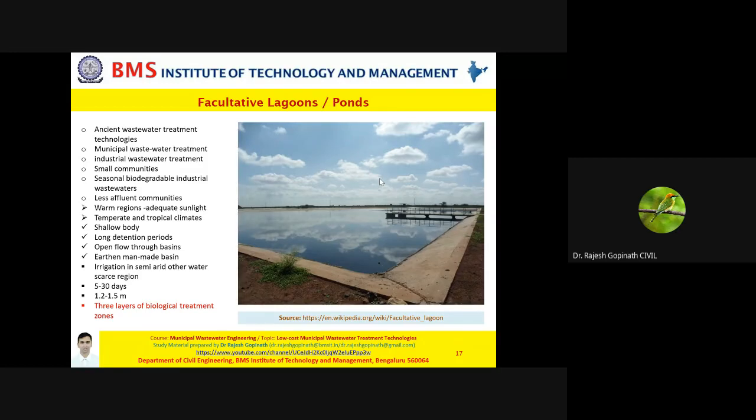Since we are talking about the facultative process, you can't refer to this as a technology for cities. This is majorly for small communities wherein the wastewater is biodegradable. Again, please understand, those locations which have frequent sunny days, more adequate sunlight, a tropical climate, only in those places this kind of system can be prevalent.